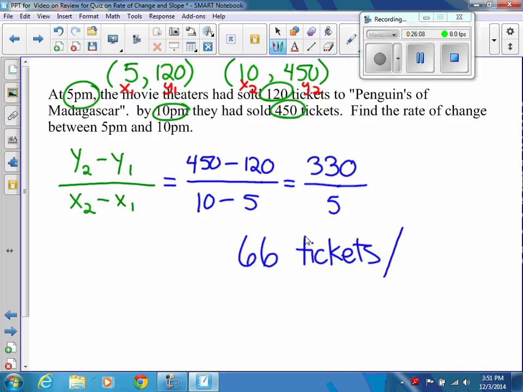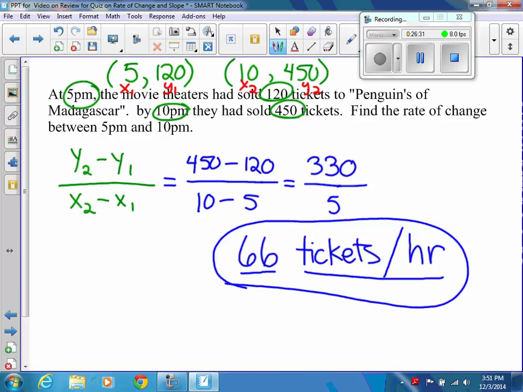So it's 66 tickets/hour, because remember we're looking at the rate of change between 5 and 10. There were 66 tickets basically sold per hour. So don't forget, you need the number and you need your rate, whatever we're talking about, in order to have a complete answer. If you only put 66, you will not have a complete answer, and I will not be able to give you full credit.